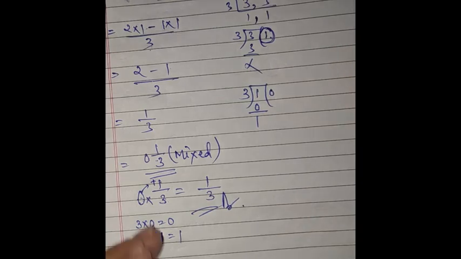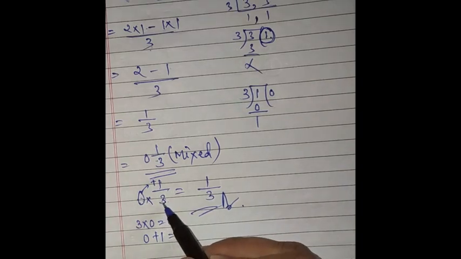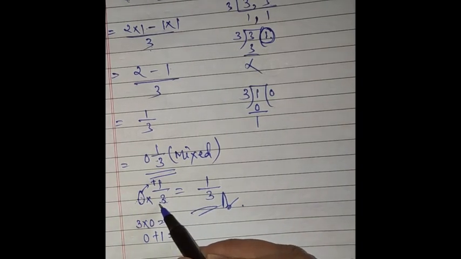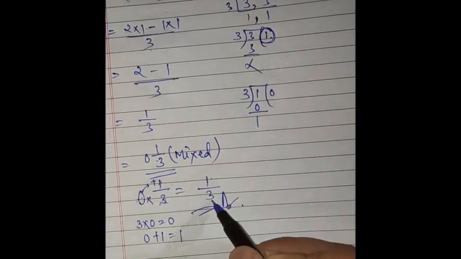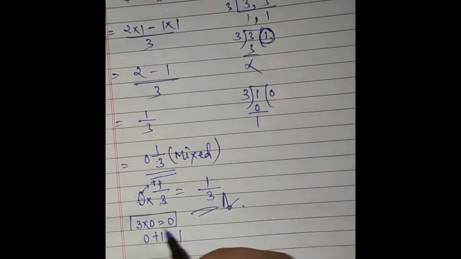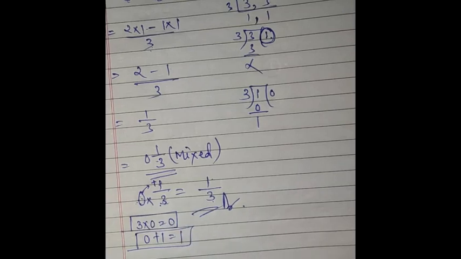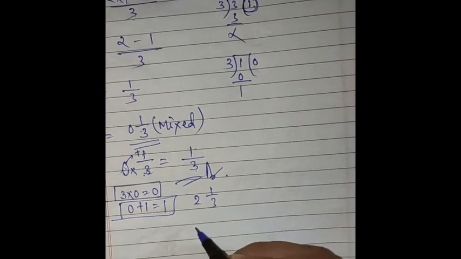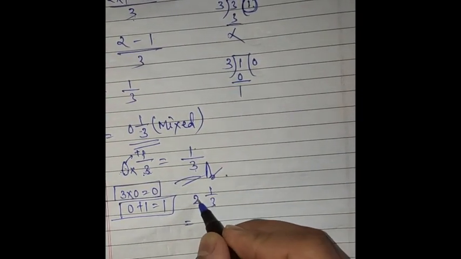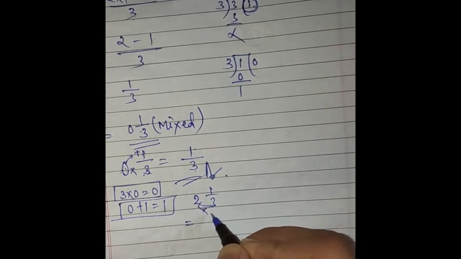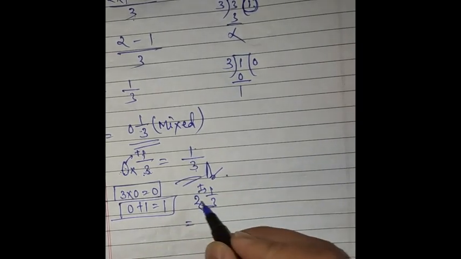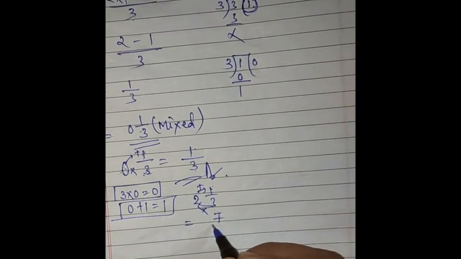But to convert this mixed fraction into a proper or improper fraction, first of all you will multiply the denominator with the whole number, 0 into 3, then add 1, 0 plus 1 is 1, so 1 by 3. First you have to multiply, then add whatever you are getting. Suppose you have 2 whole 1 by 3, then what you are going to do: 2 3s is 6, then plus 1, 6 plus 1 is 7, so 7 by 3.